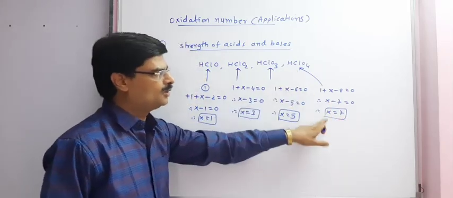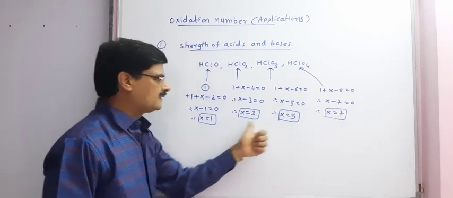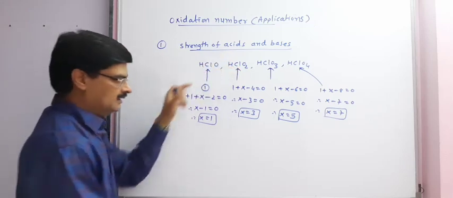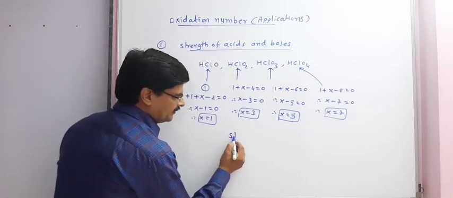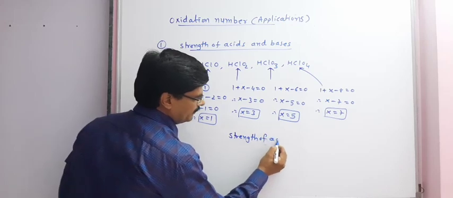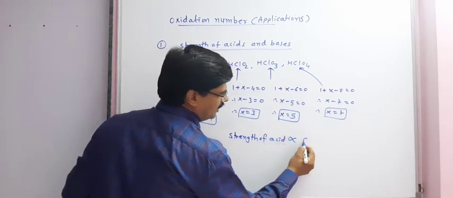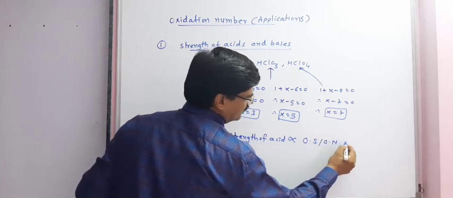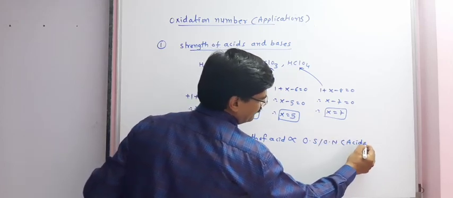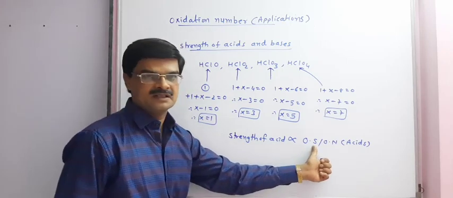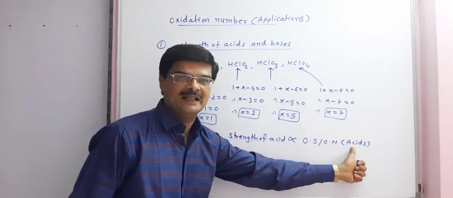More is the oxidation state of chlorine, more will be the strength as acid. So what can we write? Strength of acid is proportional to oxidation state or oxidation number for acids.